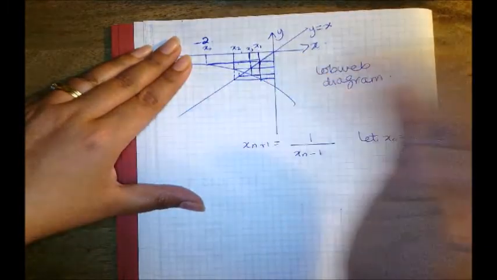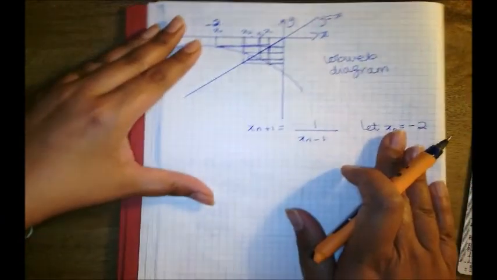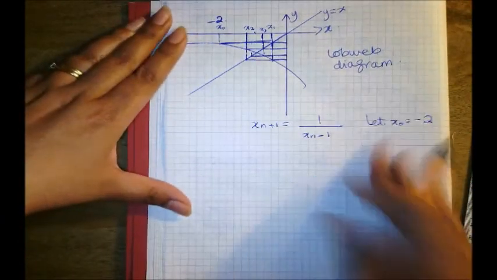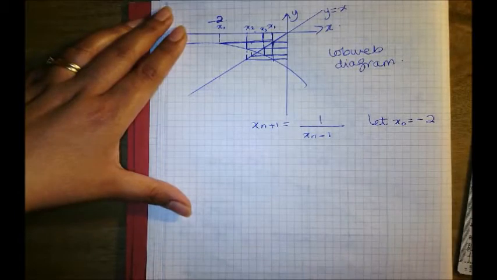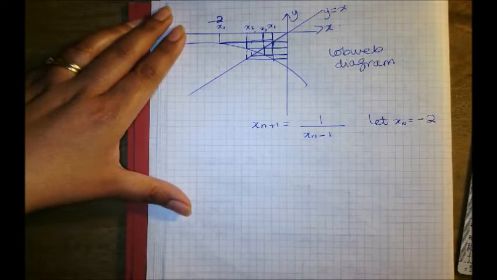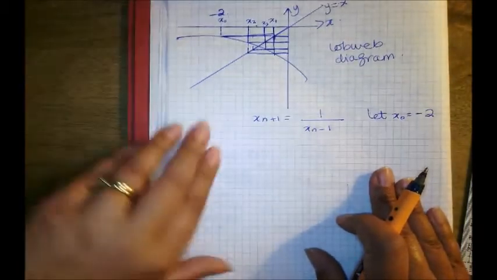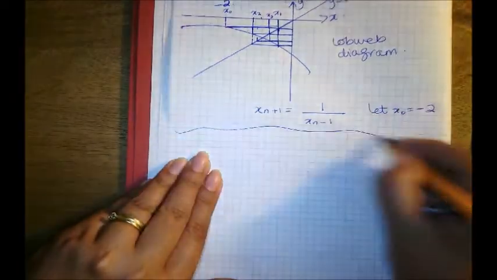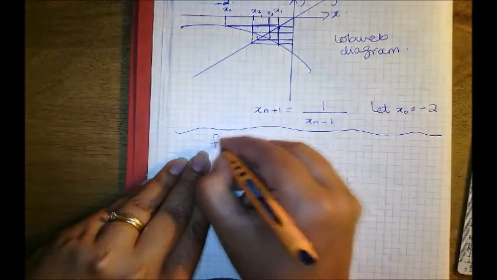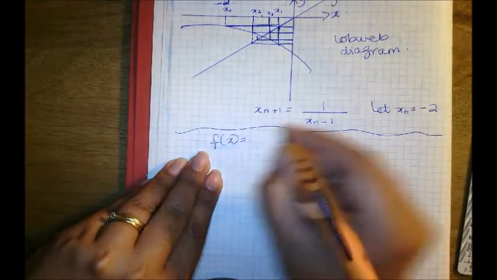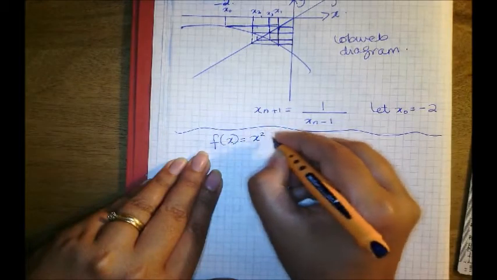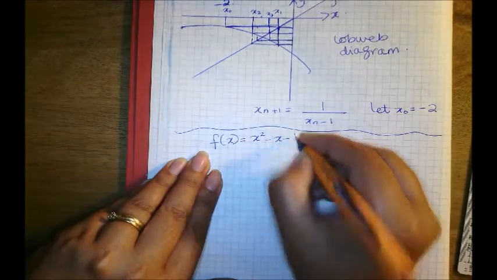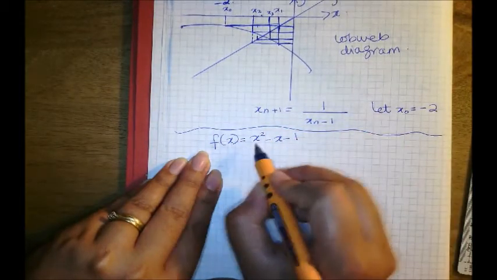And the reason why I get a cobweb is that I've got a positive gradient here and I've got a negative gradient for this curve, which is why my values are oscillating. When I had the staircase diagram, I had a line y equals x which is positive. This curve also has a positive-ish gradient, which is why I'm getting a staircase.